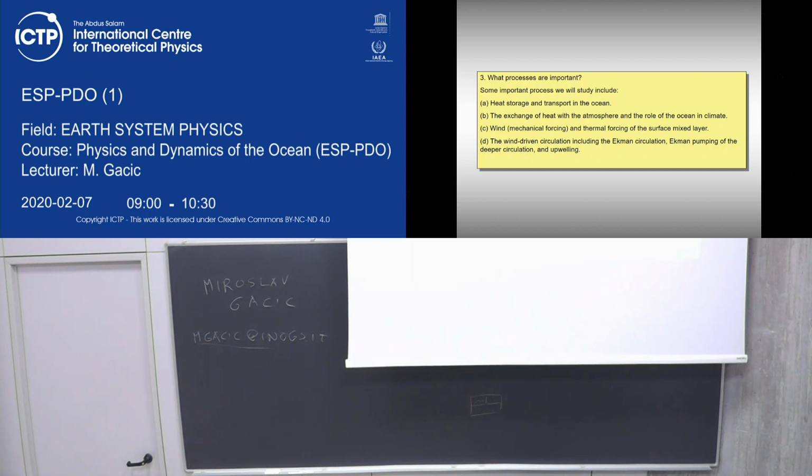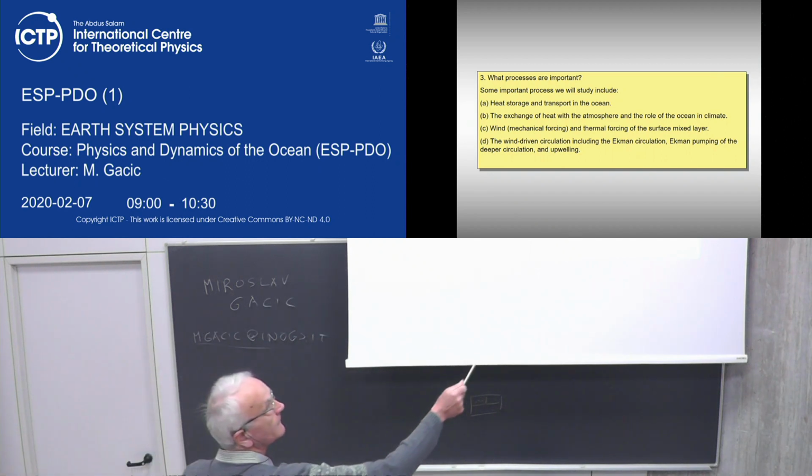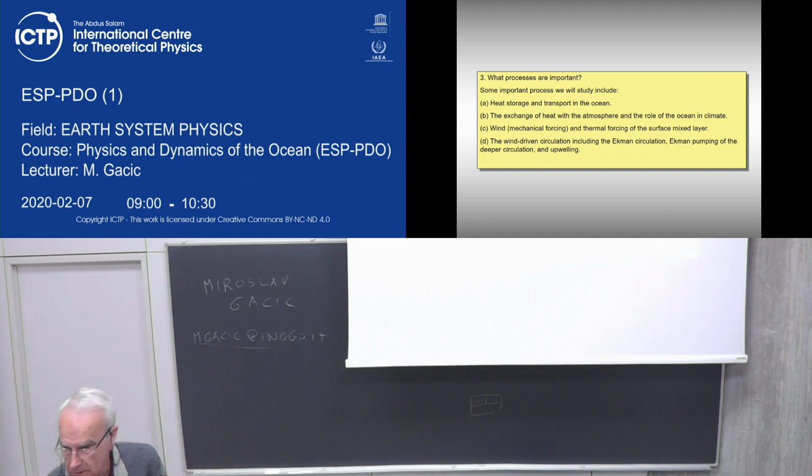One simple example is what I just mentioned a few minutes ago: when you live close to the ocean, the climate is much milder than if you are on the continent. On the continent there are much bigger differences between summer and winter, between day and night. So the ocean obviously plays an important role in the climate, simply because of its larger heat capacity.